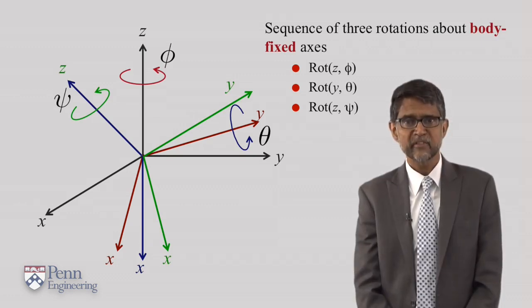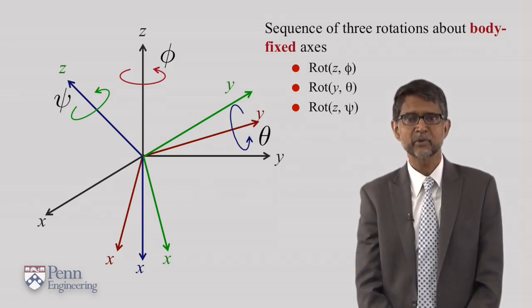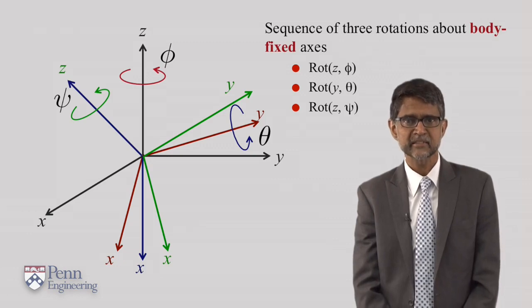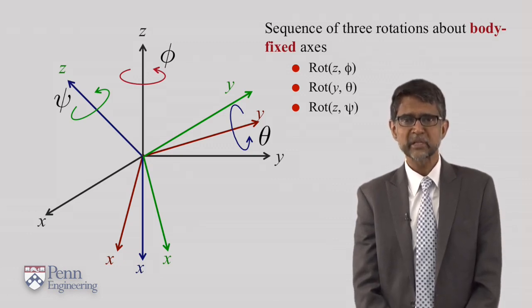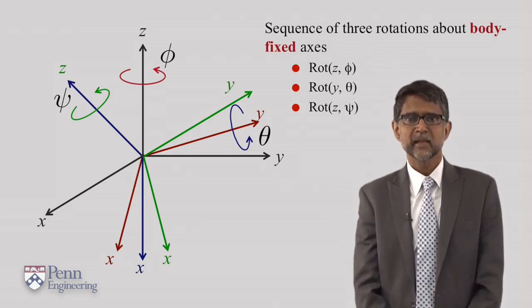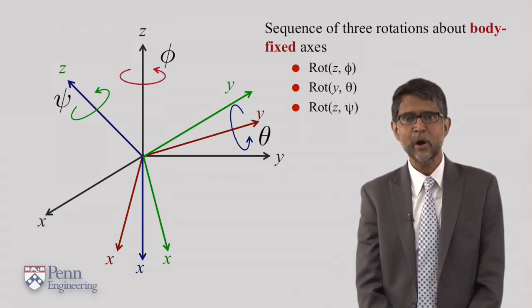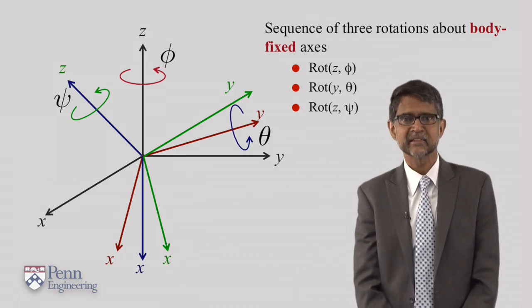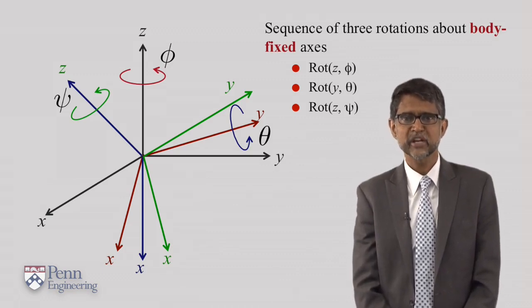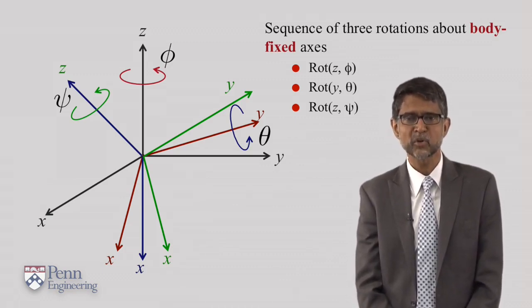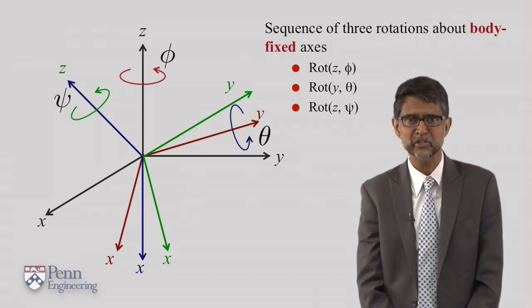Notice that every rotation occurs about a body fixed axis. Once you complete the first rotation, the second rotation about the y-axis is now about a new y-axis, because the first rotation rotated the original y-axis into a new position.